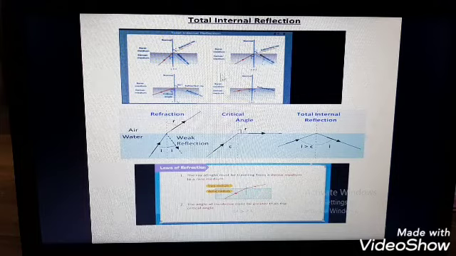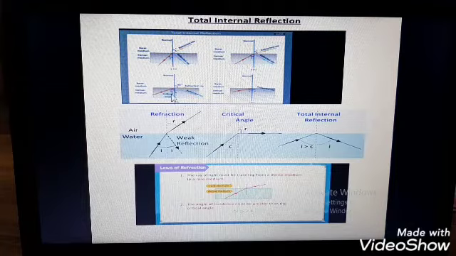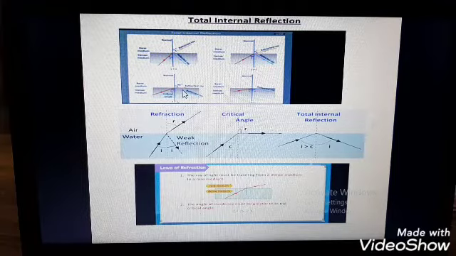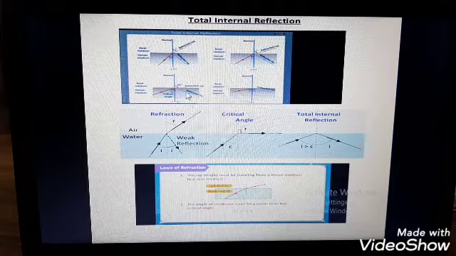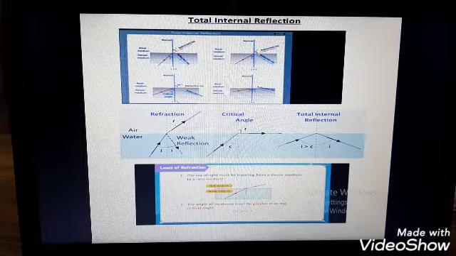Now we will increase the angle of incidence so much that the refracted ray will be parallel to this surface, or you can say the angle of refraction will be 90 degrees.